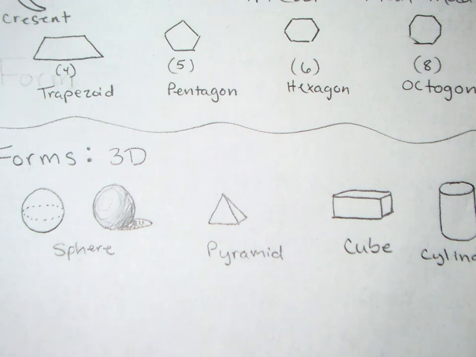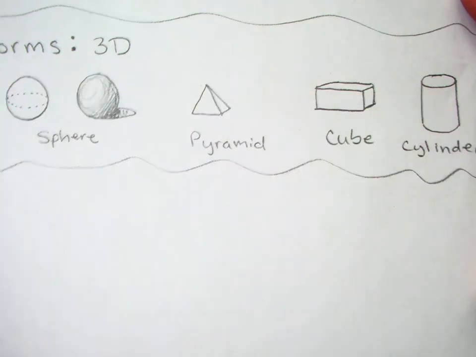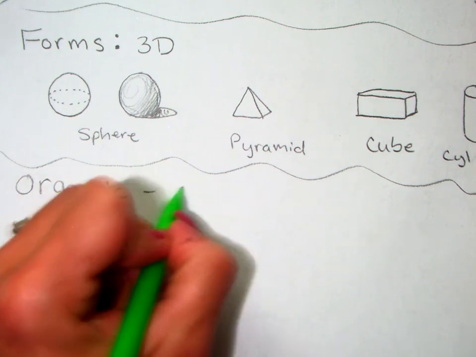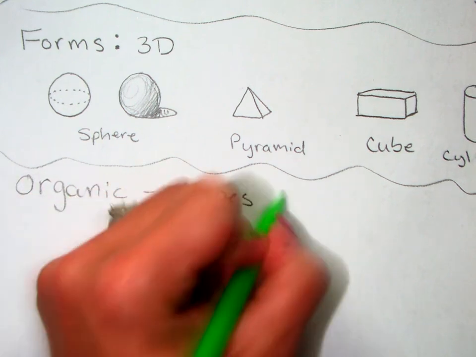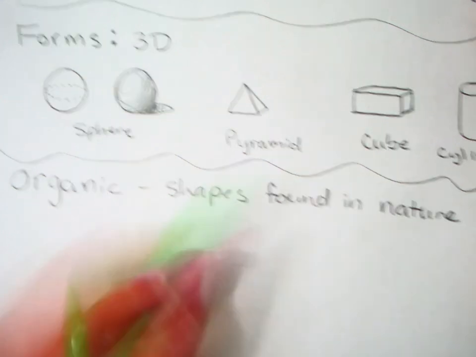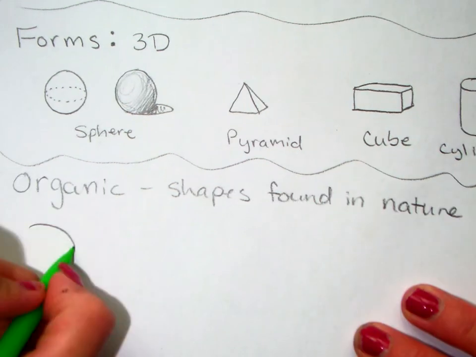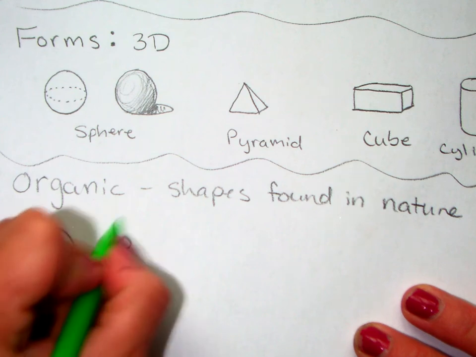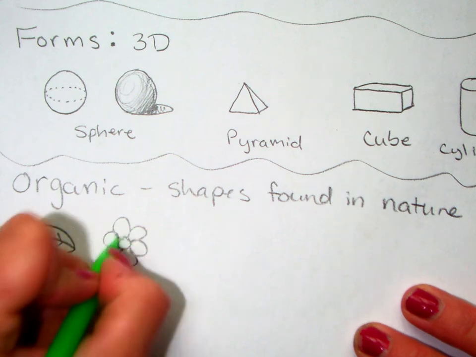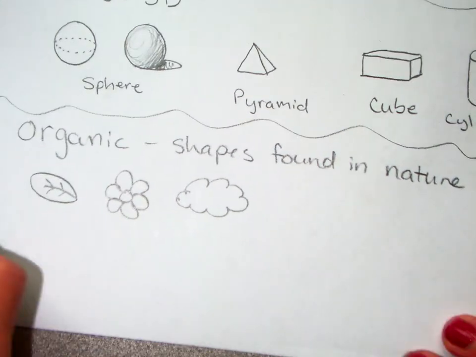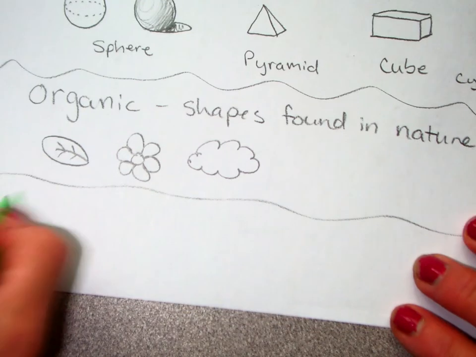Okay, so now that is not all the shapes we have. We also have organic, which is like shapes found in nature. So like a leaf, flower, a rock, a cloud, etc. Okay, and then we have free-form shapes.